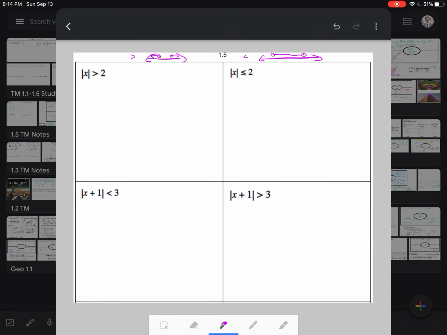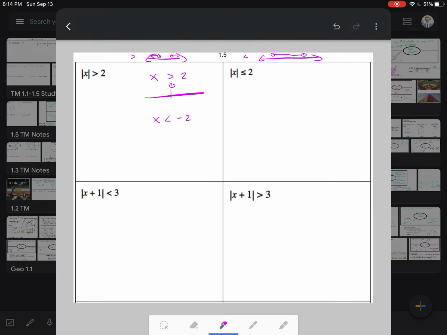So again, when we see absolute value and it's greater than, we're going to have two different intervals. And again, we always use our positive and our negative. So we're going to have x is greater than, and because we changed the 2 to -2, that means we flip our sign, because in order to do that, we needed to multiply by a negative. So x is greater than 2.